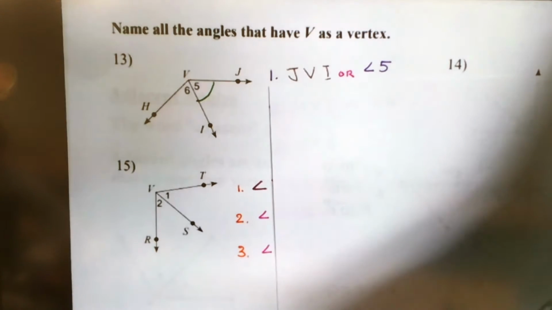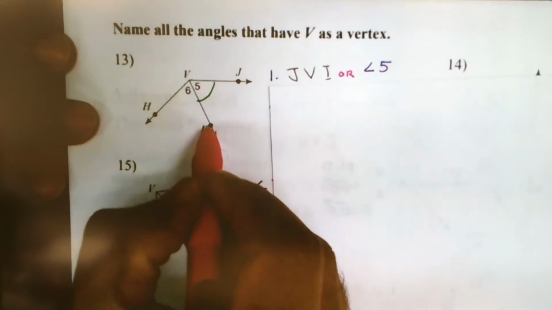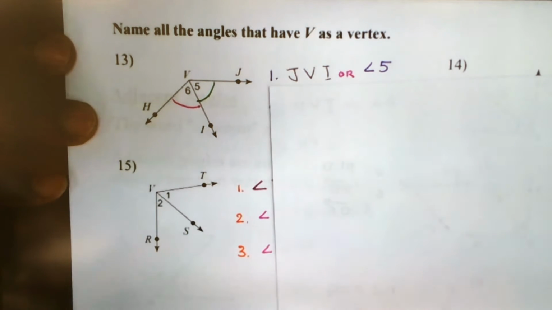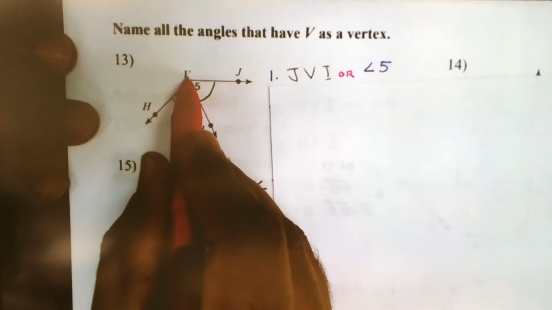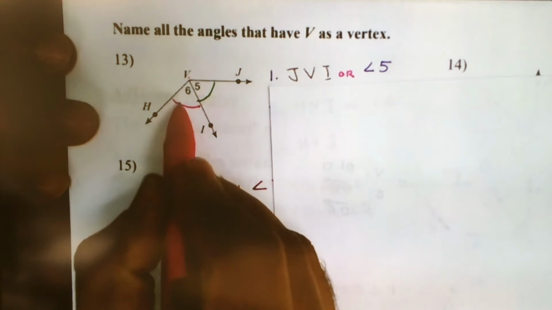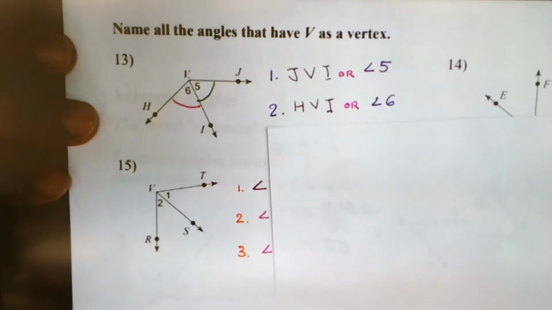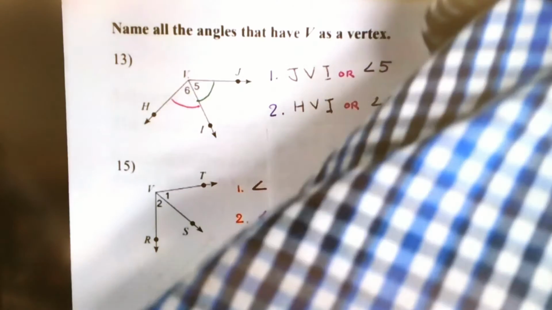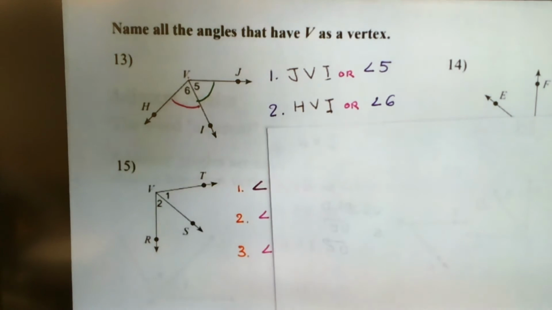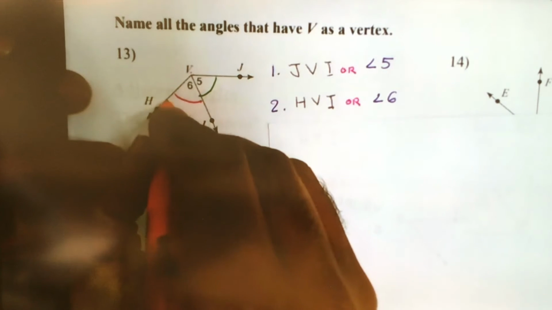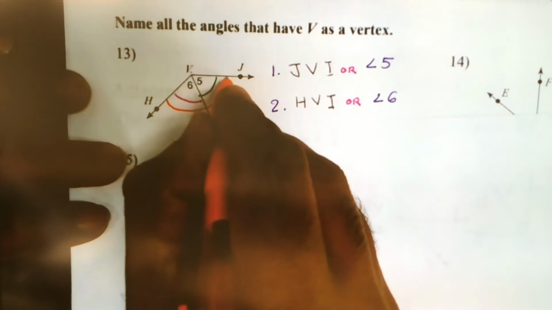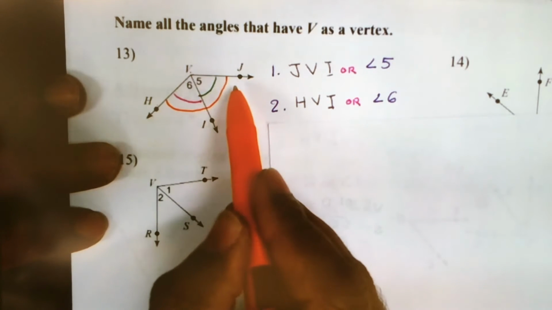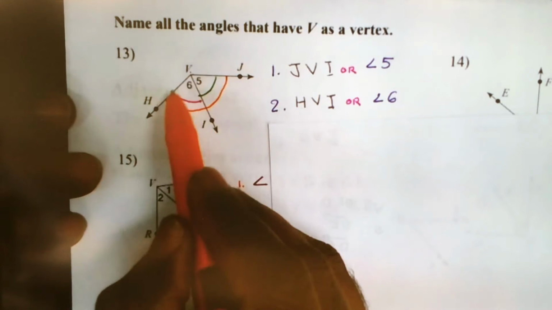That angle is angle IVH, or I could say angle HVI, or I could say angle 6. So that's the second angle. The third angle is the big angle formed by combining both of them like this. So angle HVJ, or I can say angle JVH.